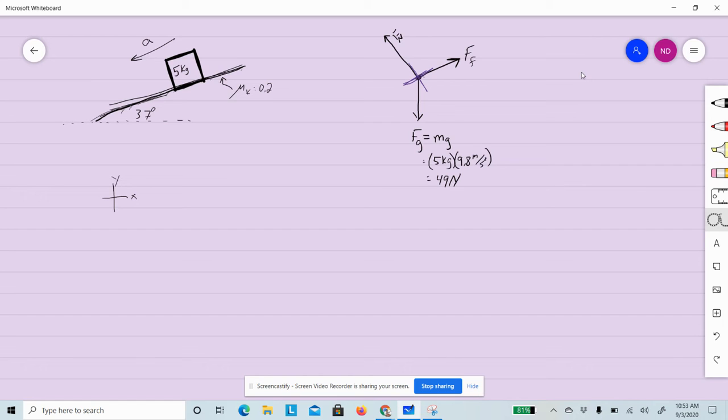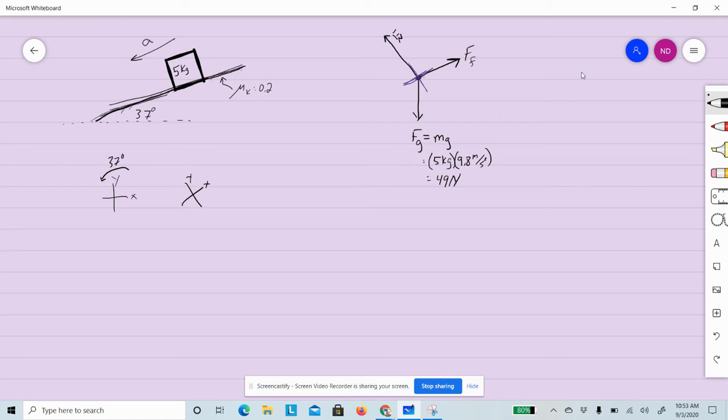So by rotating our axes this way to make that our x and that our y, exactly 37 degrees, since the incline is tilted 37 degrees, life is much simpler with this new y and that new x.